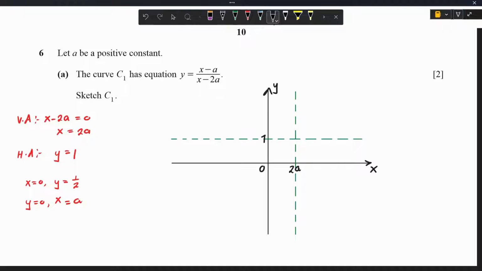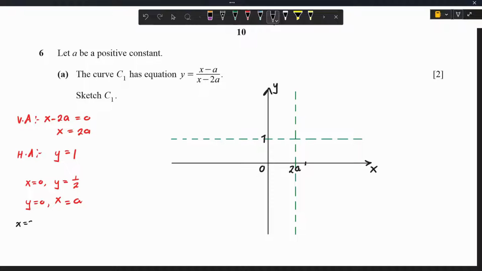And now we will also need to just understand the behavior of the graph about these asymptotes, especially the vertical asymptote. So we can consider a value that is, say, greater than 2a. We can take maybe 3a.